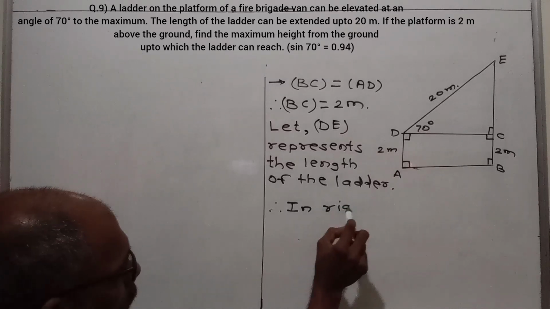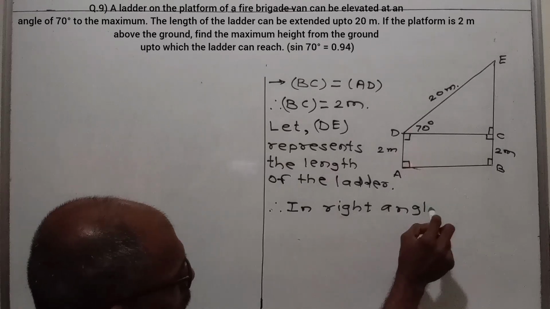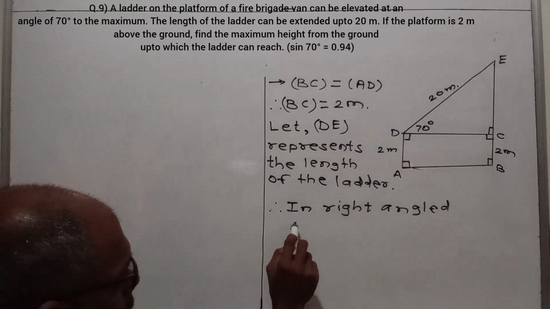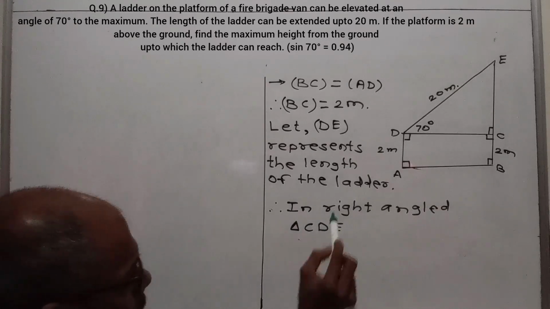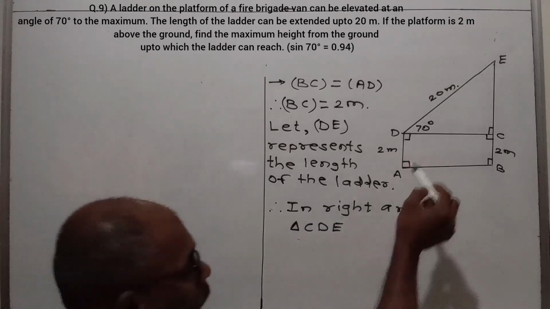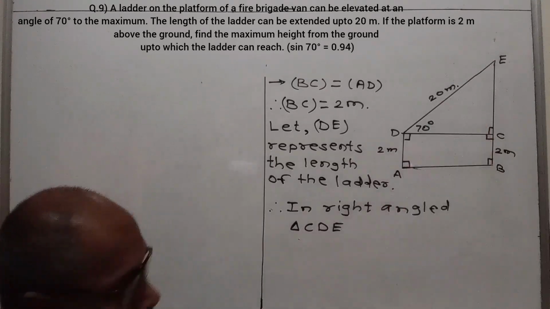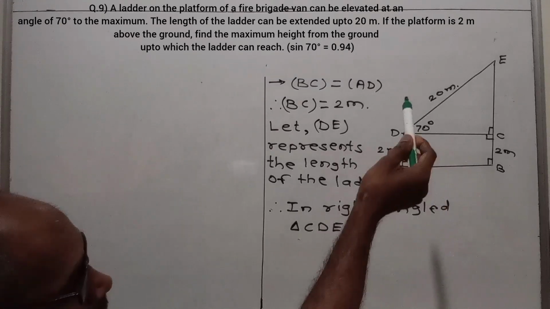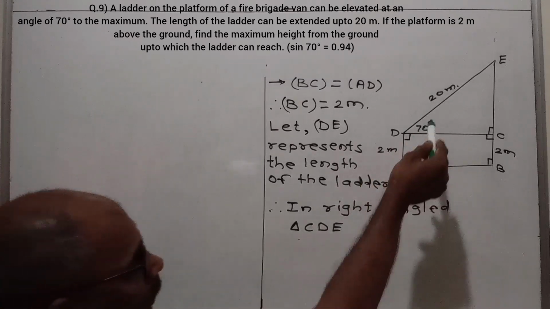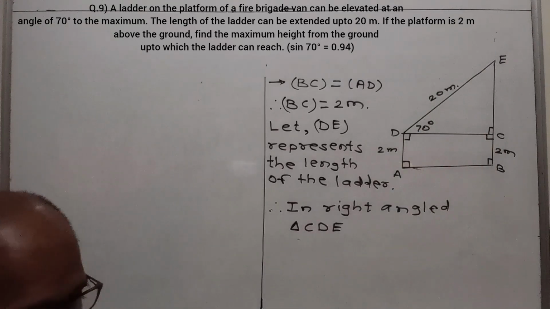Now in right angled triangle CDE, we want to find CE, that is the opposite side of 70 degree. And we have given that C is the right angle, so DE is the hypotenuse.